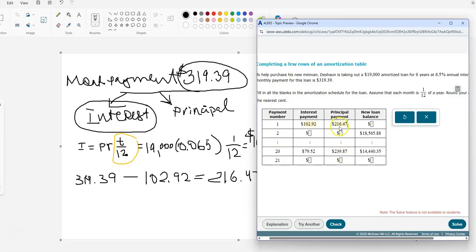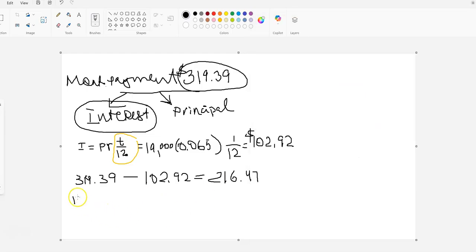So now instead of $19,000, you owe a new balance: $19,000 minus $216.47. So you get $18,783.53.